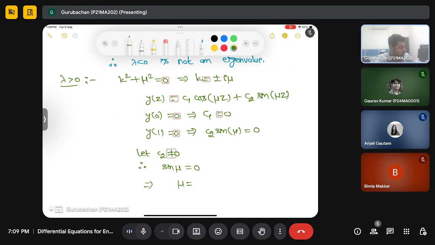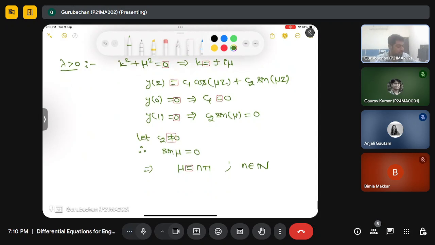If sin mu is 0, that means mu has to be a multiple of pi: 0, pi, 2 pi. So this will be n pi. And since we want mu to be positive, n must be a natural number. So n pi is your eigenvalue. And what will be the corresponding eigenfunction?